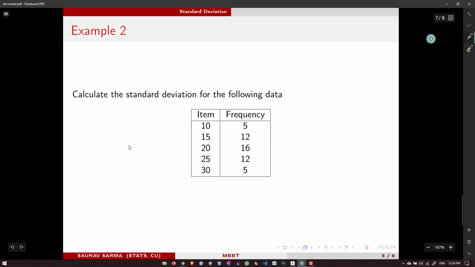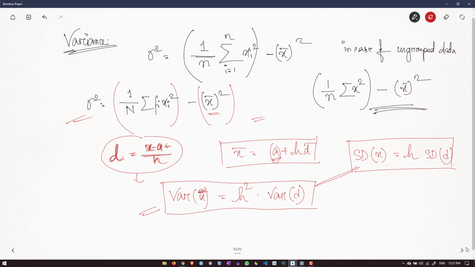Example number 2. Here we are supposed to calculate the standard deviation for these values with these frequencies. The values are 10, 15, 20, 25 and 30. The frequencies are 5, 12, 16, 12 and 5, right? So let's go and calculate this.